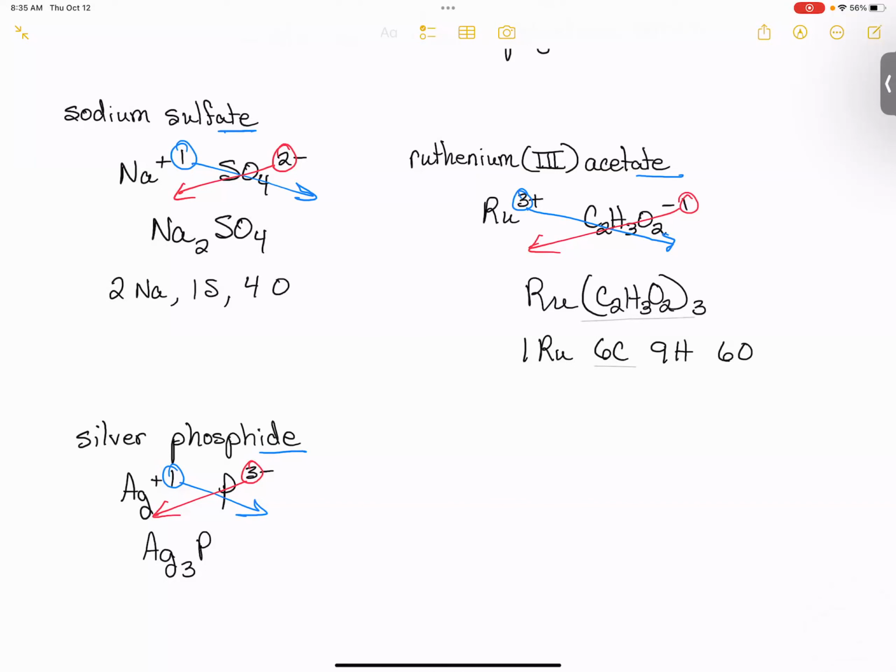But in order for it to not be difficult, you do have to recognize the trends. With respect to the cation, if there's no charge showing, it means it's one of the ones that has a constant charge. You just got to know what that charge is. If I give you an element that does not have a constant charge, I got to give you the Roman numeral because I got to tell you what the charge is. So that's the cation trend.